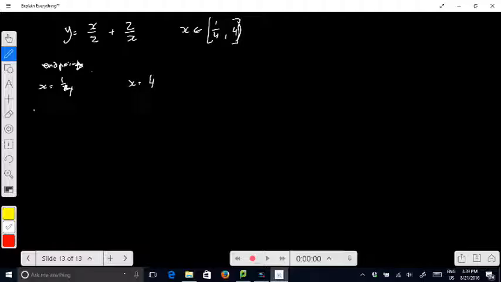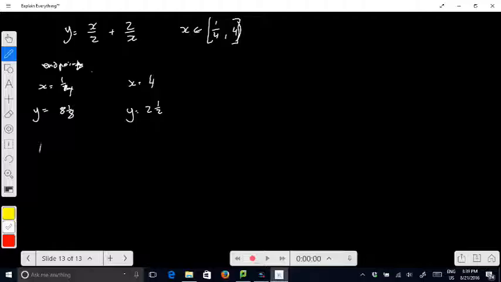And when we do that, we get y equal to 65/8, or 5/2. So those are the coordinates of the endpoints.